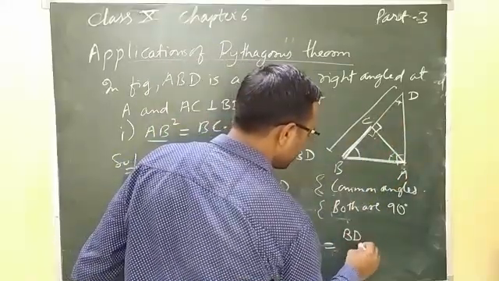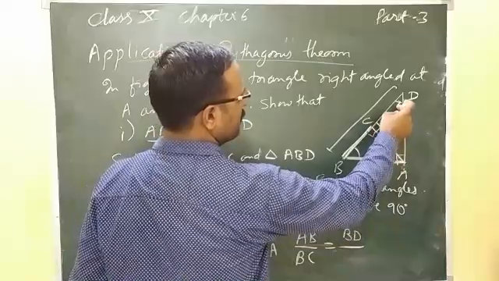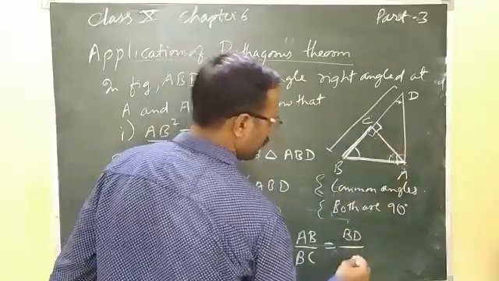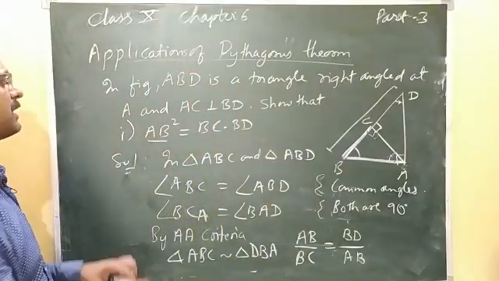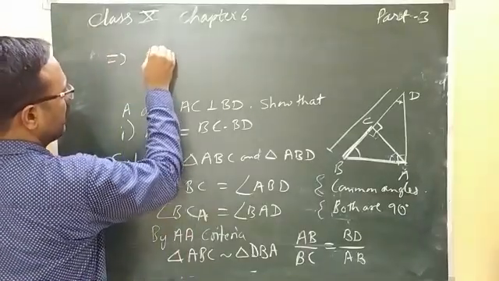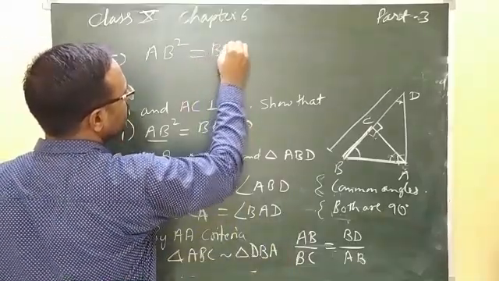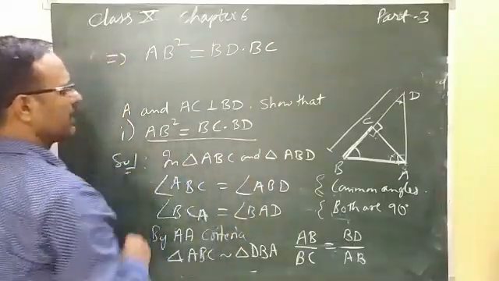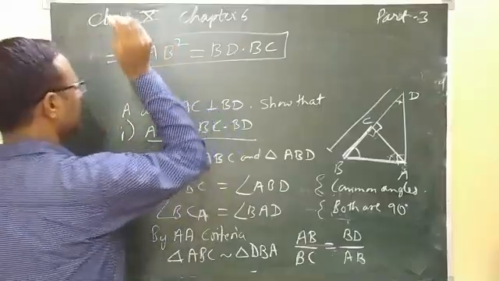So BD will be coming upside, and BC is opposite to angle A. Similarly, this was equal to this. So in the big triangle, this side will be opposite to this angle. So here I will write AB. If I cross multiply, I will get AB into AB, that is AB square, and BD into BC. So what I wanted to get, I have obtained. So this was the proof for the first question.